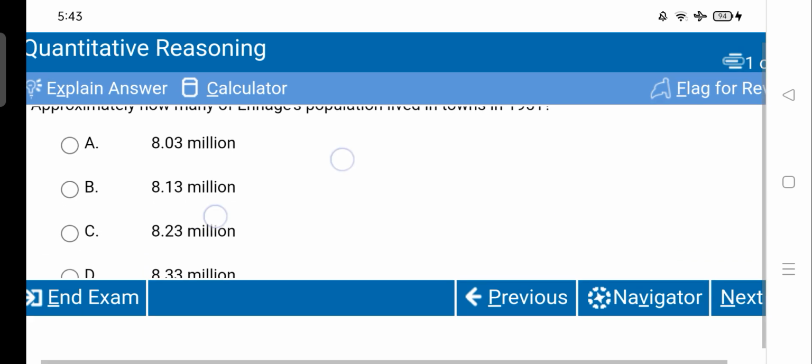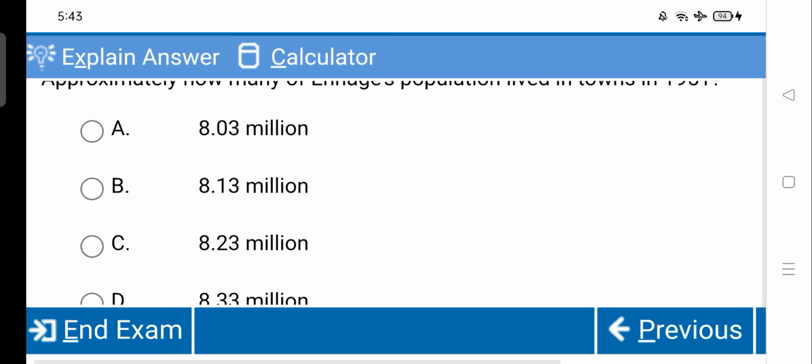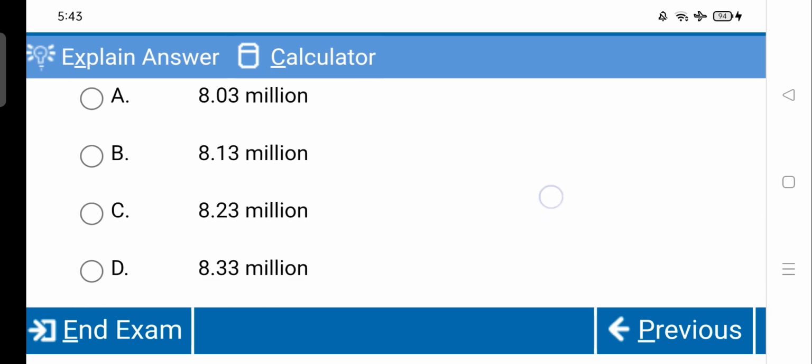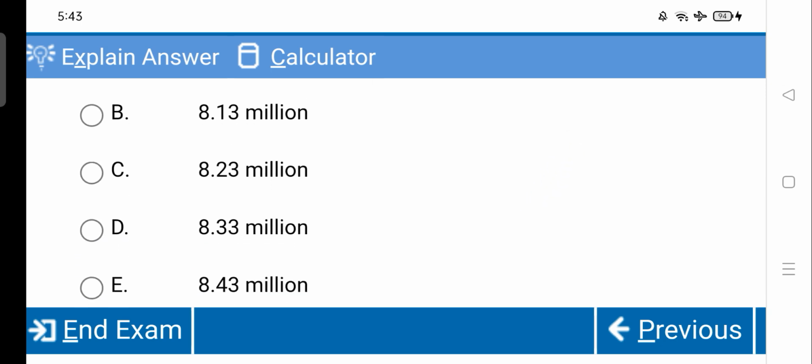Option A is 8.03 million, option B 8.13 million, option C 8.23 million, option D 8.33 million, and option E is 8.43 million.